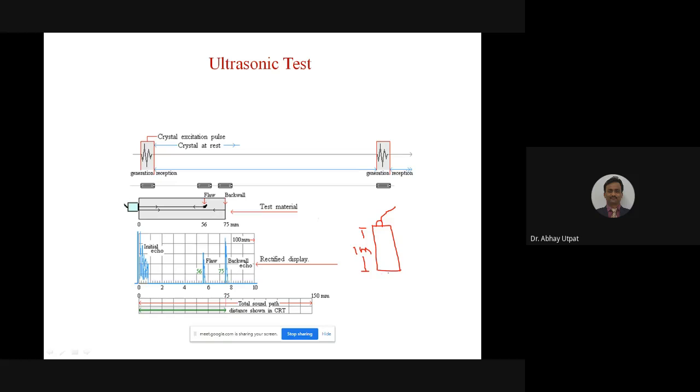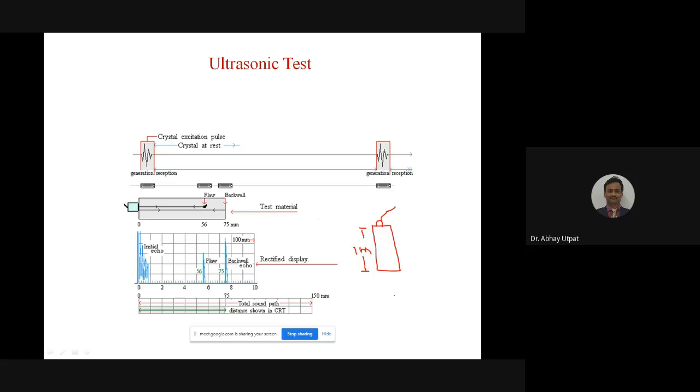Why? Because you have kept it on the ground and there is a small gap, then the medium changes and the sound wave reflects. Suppose this specimen is a standard one, which is not having any crack or any irregularity, any shrinkage hole. Suppose it takes 5 seconds to reach here, and it will go back in 5 seconds. If you hear the signal after 10 seconds, it means that there is no crack, because already we know that this part is without any crack.